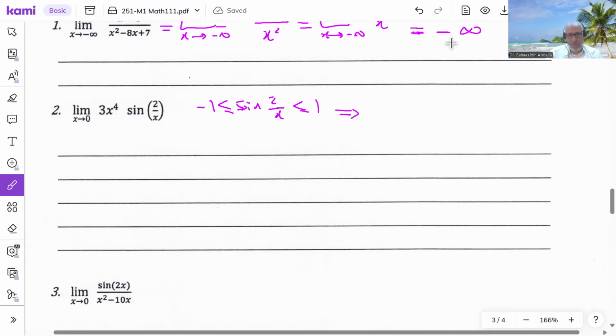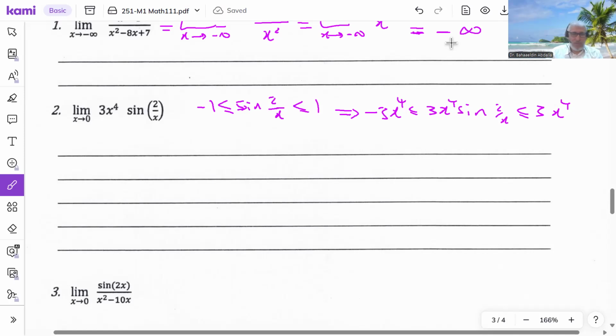So 3x to the power 4 times -1, I'll have negative 3x to the power 4 less than or equal to 3x to the power 4 times sine of 2 over x, less than or equal to 1 times 3x to the power 4, which is 3x to the power 4.